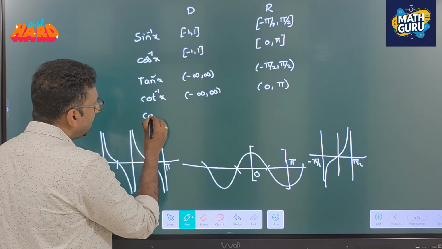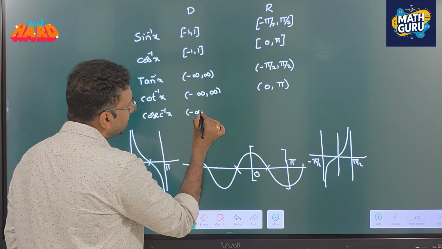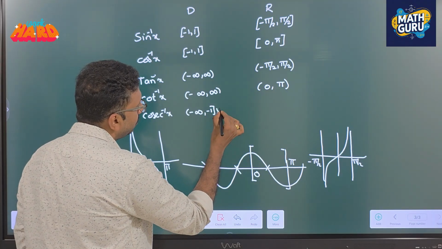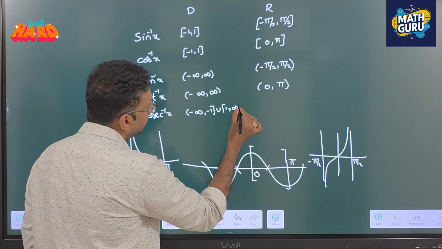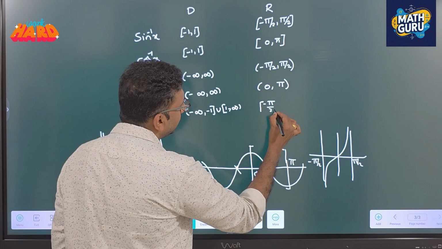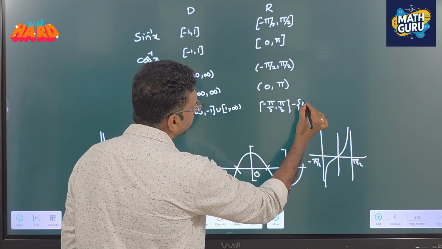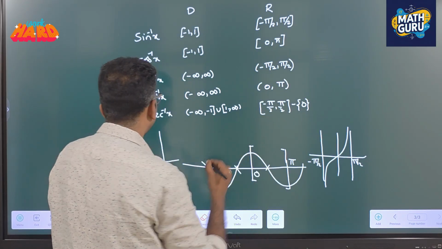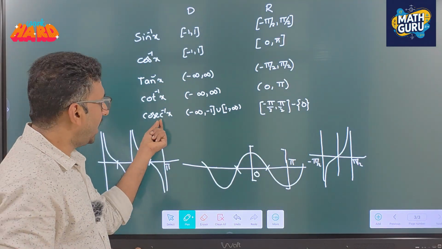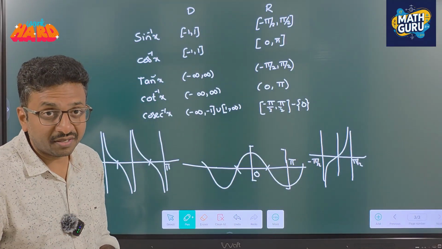Similarly, cosecant inverse x is defined from minus infinity to minus 1 union 1 to infinity, to minus pi by 2 to plus pi by 2 except 0. Because cosecant inverse x cannot be 0, because cosecant 0 is not defined.